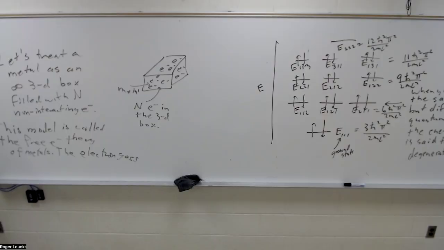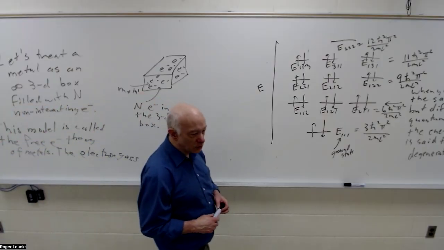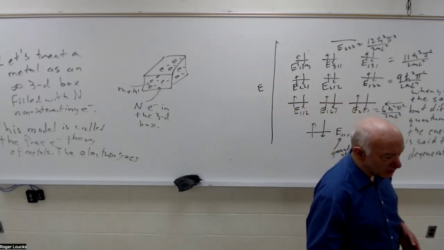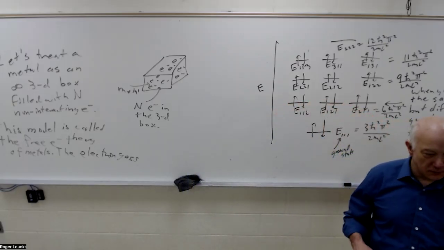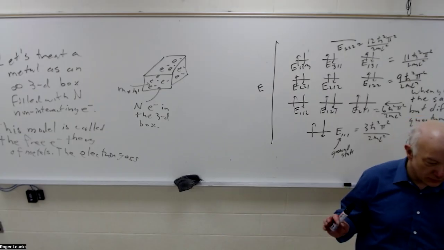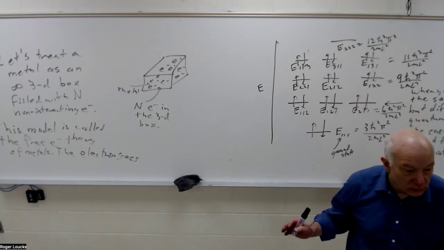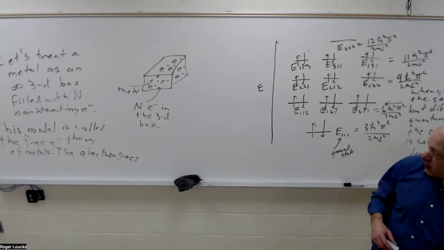Now, how big is that going to be for a metal? Let's maybe give it a number, like 6.02 times 10 to the 23rd. It's going to be like a mole of electrons. It's going to be something preposterous.